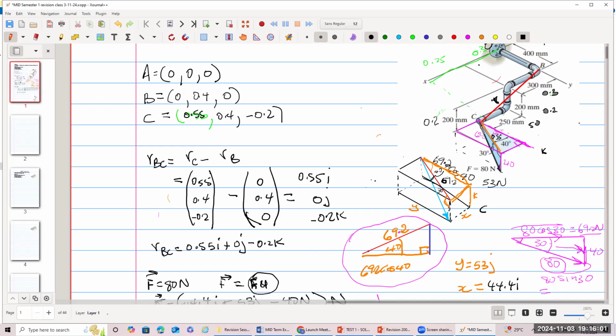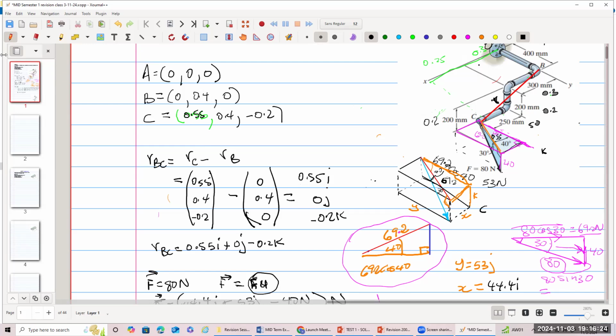Because one is 30 down here, right? And the other one over here is 40. So it gives you the unit vector for the x. So the unit vector for the x would have been 0.55.